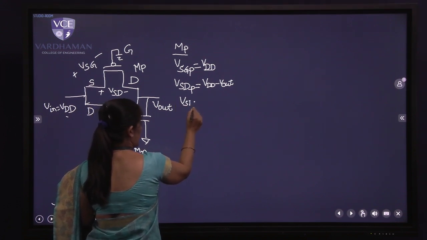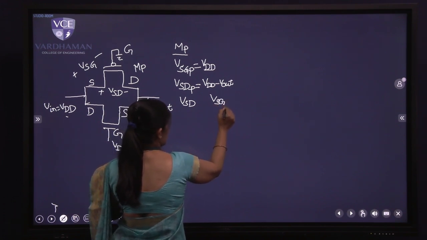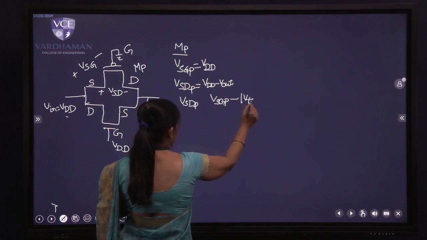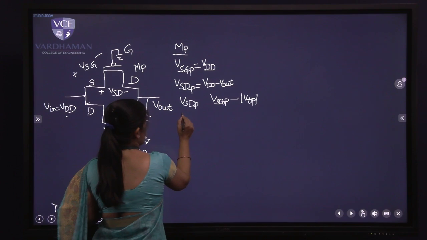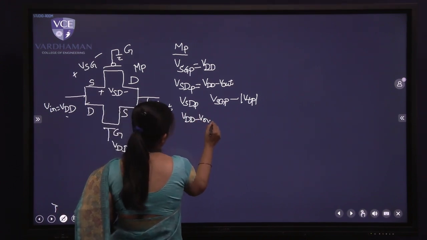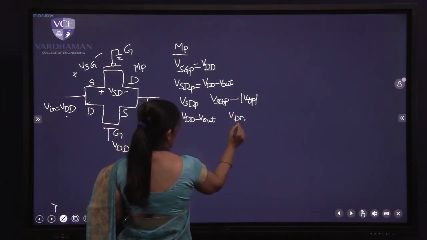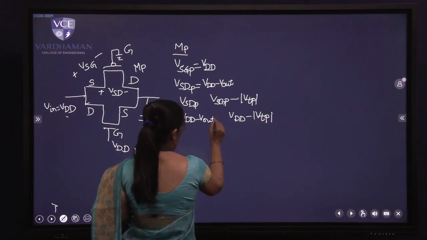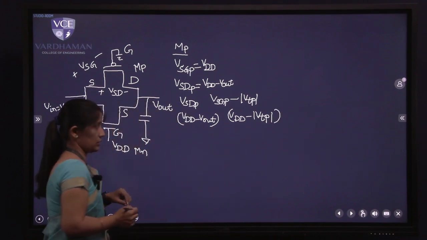Again I'll take my condition: LHS is VSD, RHS is VSGP minus mod VTP. Substitute the conditions here. So this is now VDD minus Vout on the LHS, and VSG is VDD minus mod VTP on the RHS.